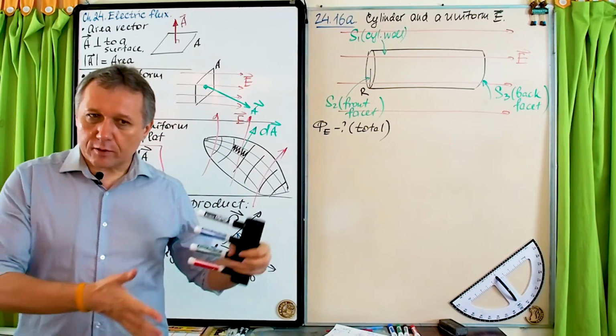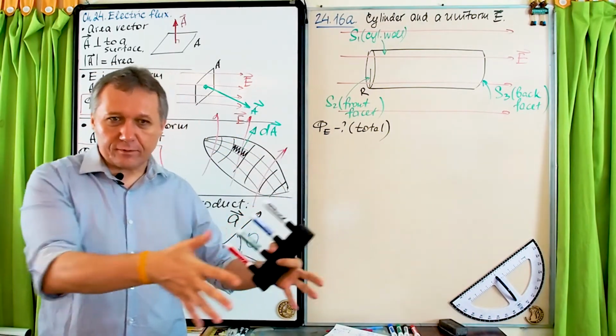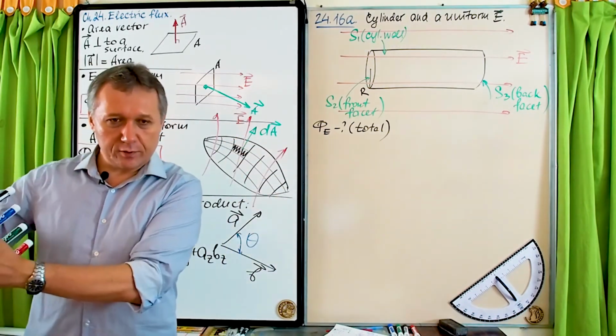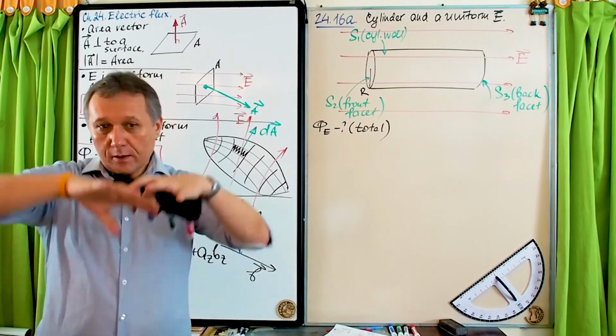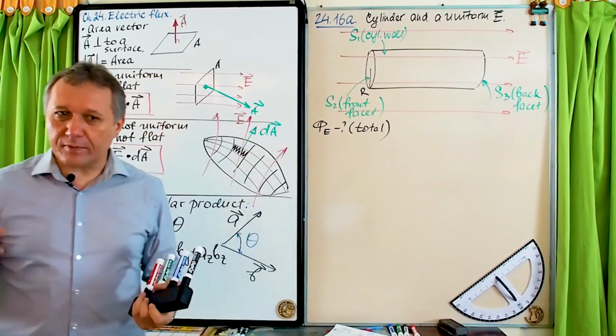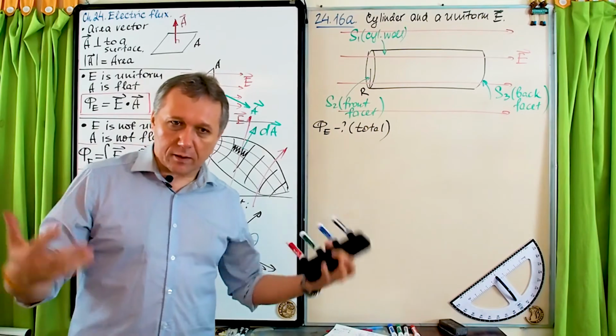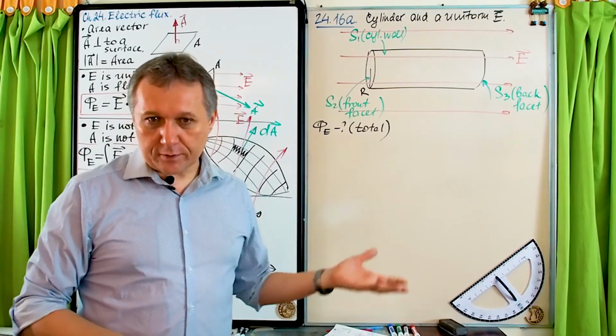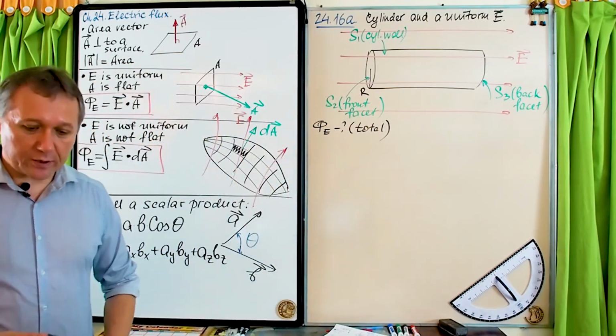We split into three parts because we're going to calculate flux, and flux is additive. If you calculate the flux through one surface, the flux through the second surface, and the flux through the third surface, then you can add them up, and that will be the total flux through all three surfaces. So that's what I'm trying to do.